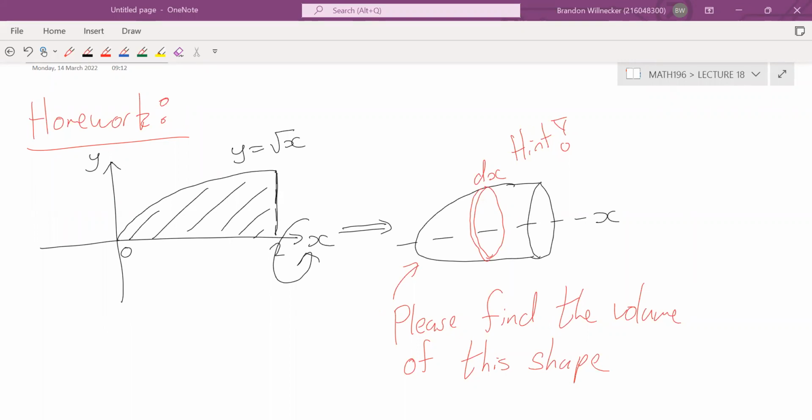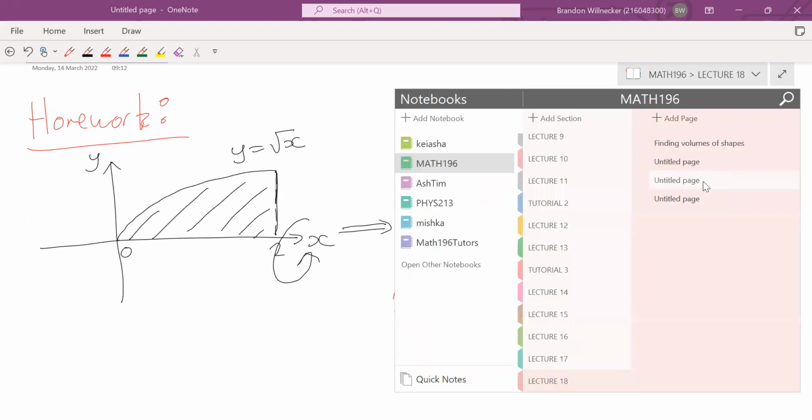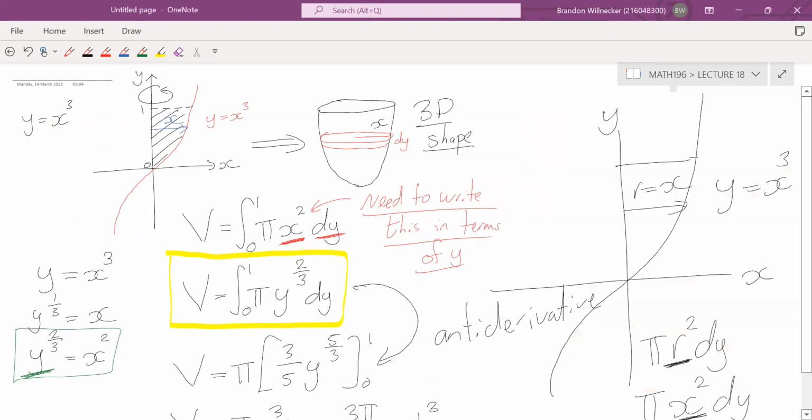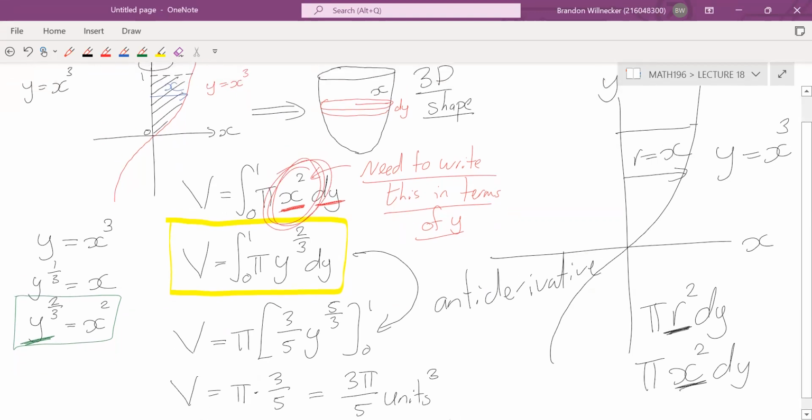Okay, sure. Let's just go over that bit again. The question was, how do we get x squared from here? So remember that over here, the radius is given by x. That's the radius of the shape, but what we want is x squared. So how do we get from x to x squared, in terms of y?